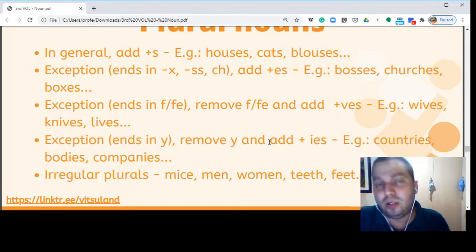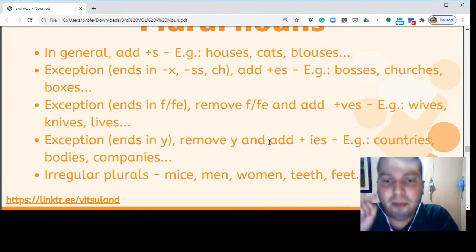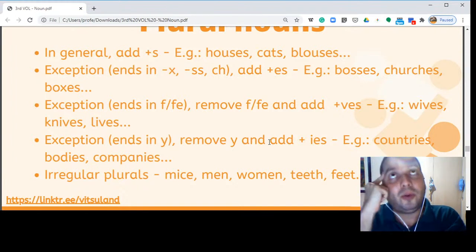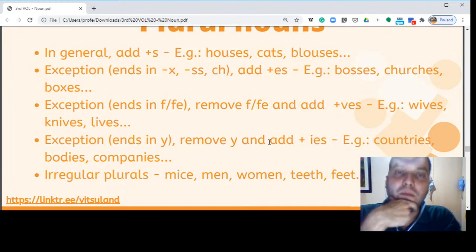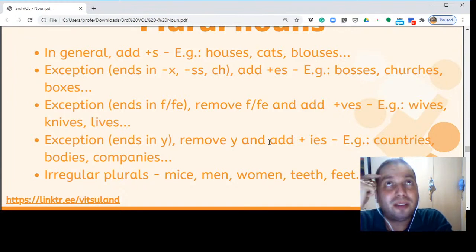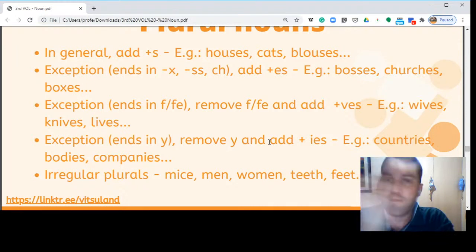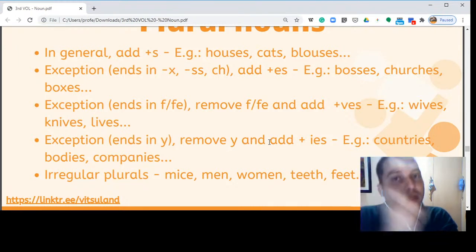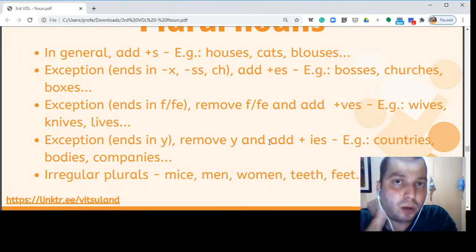Pay attention to this word, women, right? Because we write W-O-M-E-N. So when you're thinking about this word, maybe you're gonna pronounce it "woman," but it's wrong, okay? This pronunciation is wrong. You're mispronouncing this word.